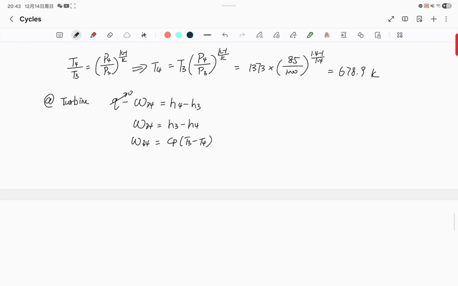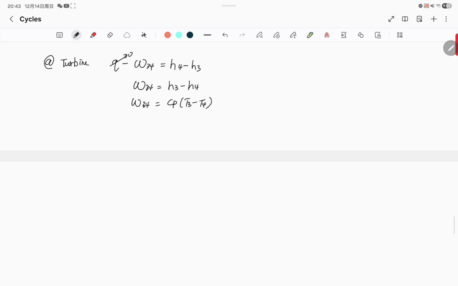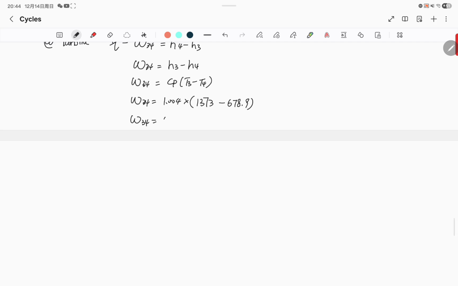So we cannot use H because we just can't find any values for H. And since this is ideal gas, delta H can be replaced by Cp delta T. Having ideal gas is a very important prerequisite for using this and isentropic relationships. So work output is this much.